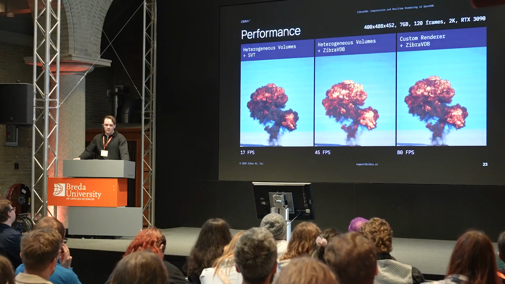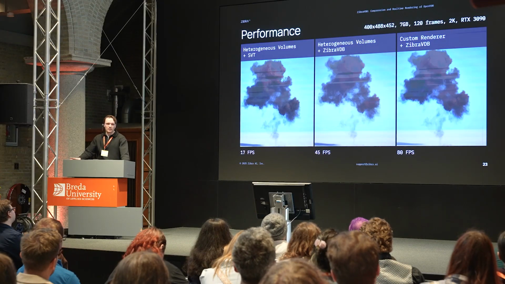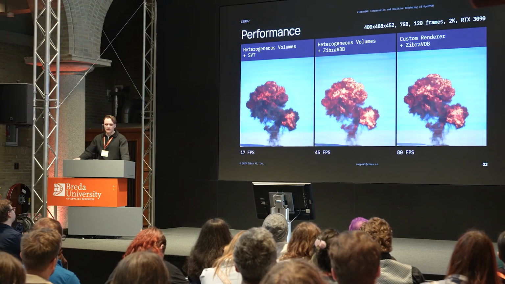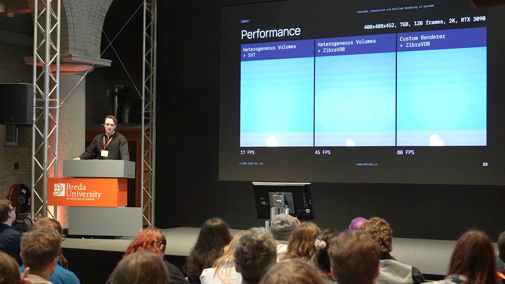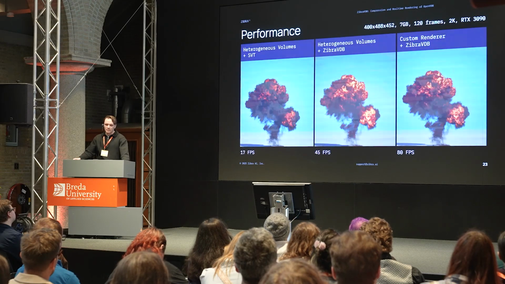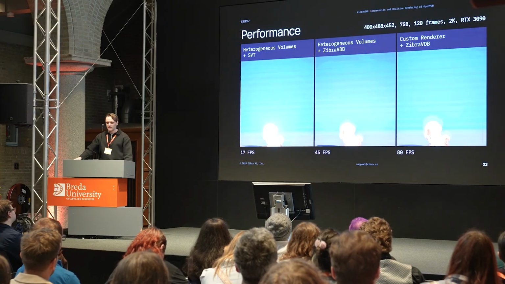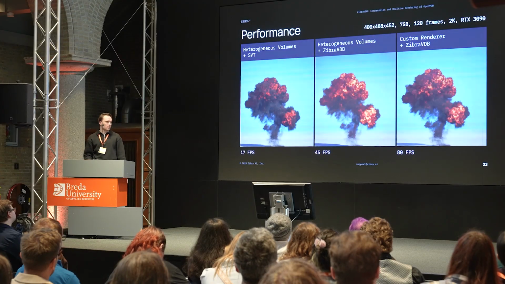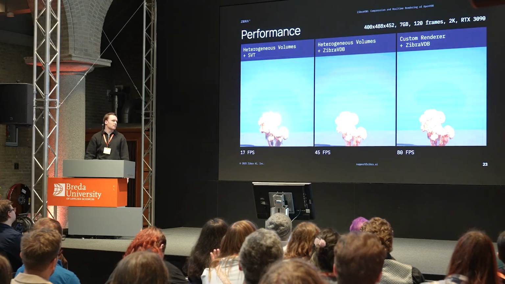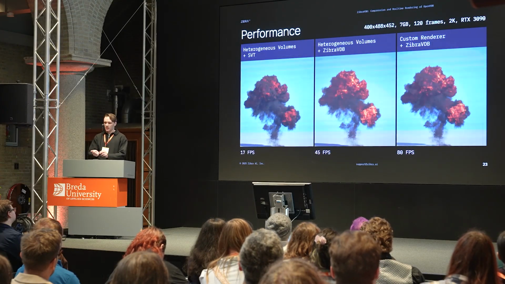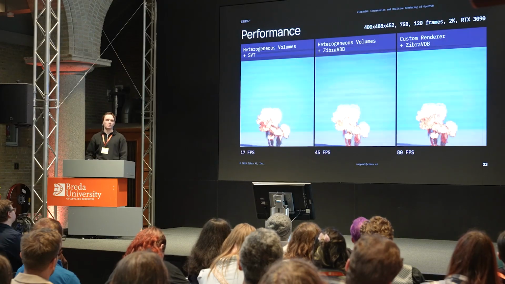So here's a comparison. On the left is regular native Unreal Engine volumetric rendering. It is SVT plus heterogeneous volumes. In the middle, we replaced SVT with ZibraVDB. We still use heterogeneous volumes. And as you can see, it's almost 3 times faster just by replacing SVT, because SVT has this bandwidth bottleneck.